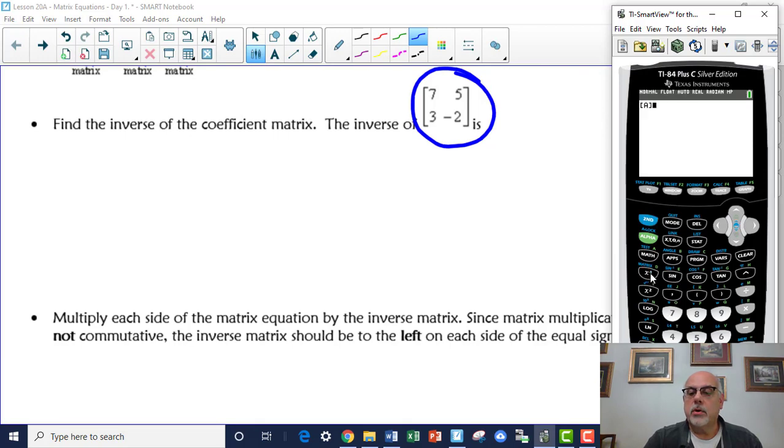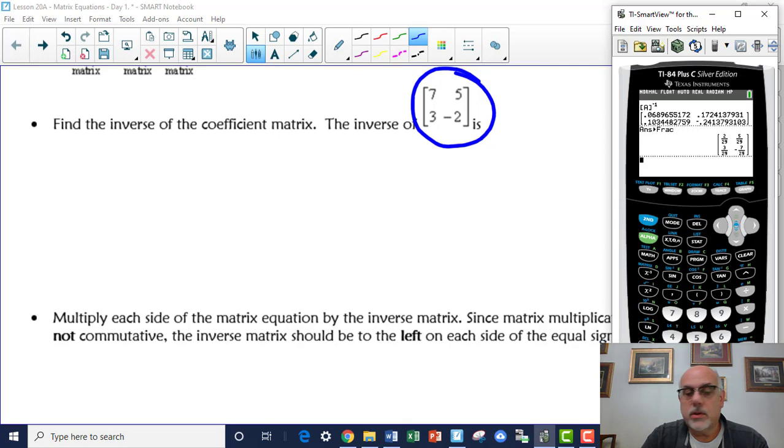So now let's get matrix A, and we want the inverse, so we're going to use this key right here, x is -1. It's going to put the little -1 there, and we hit enter and you get that, but we don't want all those decimals, we want fractions.